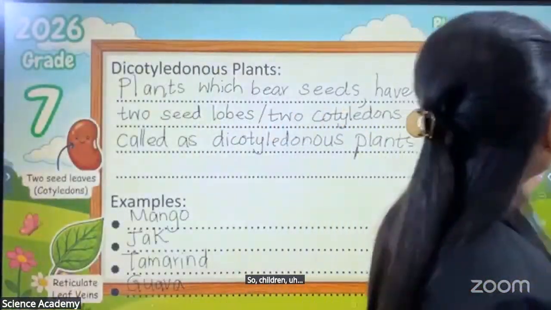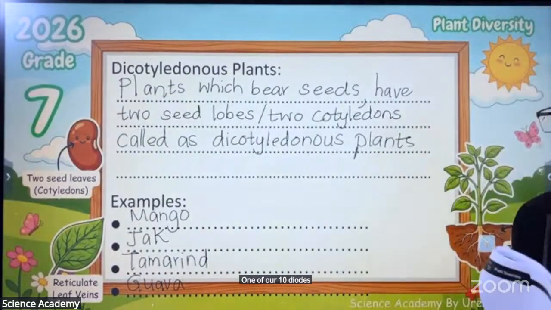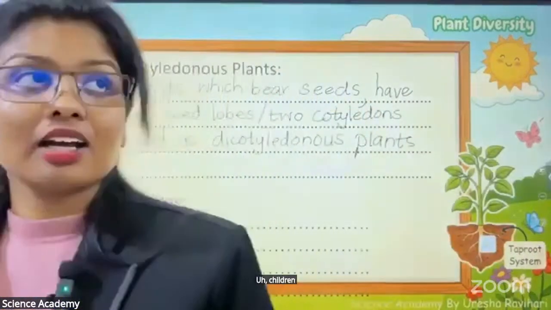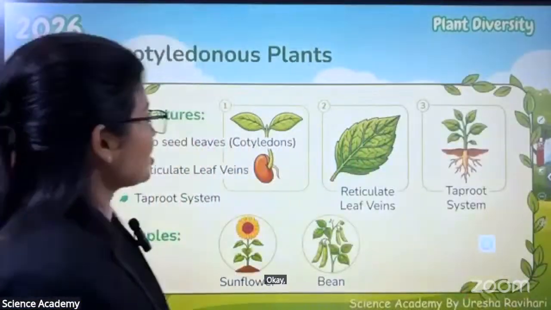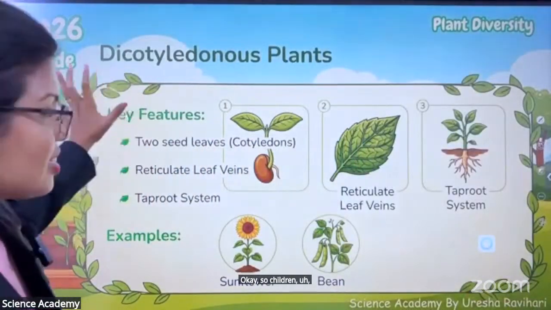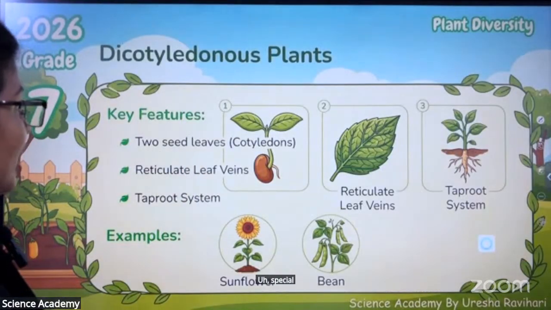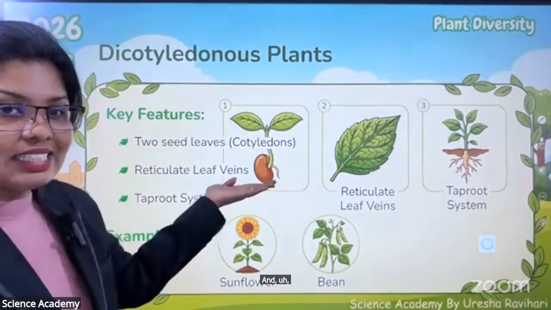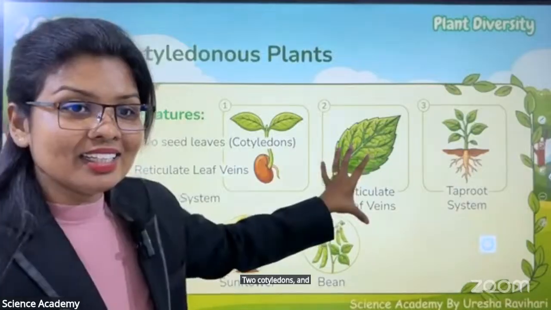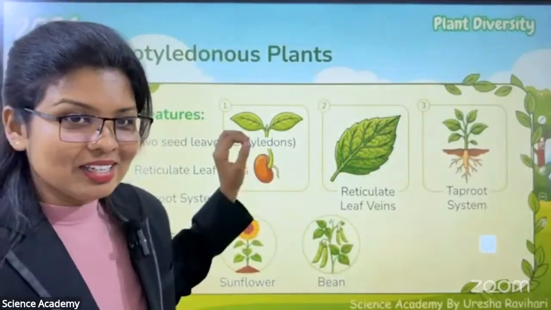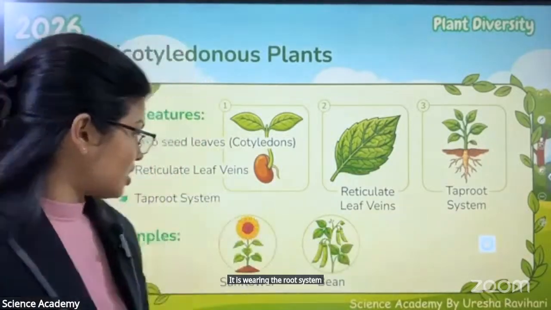So children, we'll write down the differences between monocots and dicots. Okay. Children, wait. Okay. So children, dicotyledonous plants, I told you what the special features are. These plant seeds have two cotyledons and reticulate leaf venation, and they bear a taproot system.